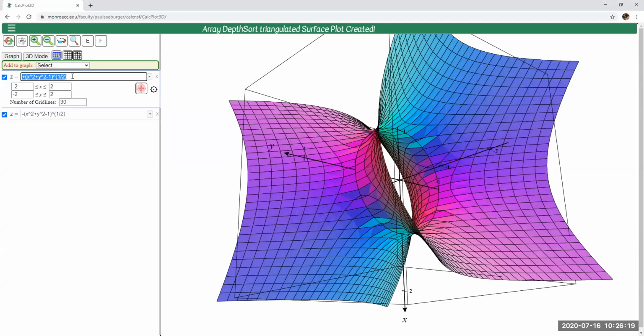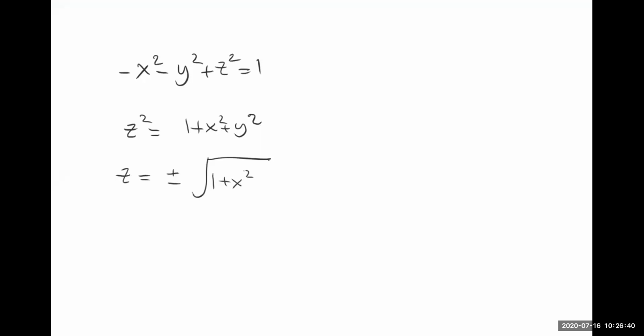Oh, maybe I should write down the equation first. So minus x squared minus y squared plus z squared equals 1. So z squared is 1 plus x squared plus y squared. So z would be plus or minus the square root of 1 plus x squared plus y squared, right?